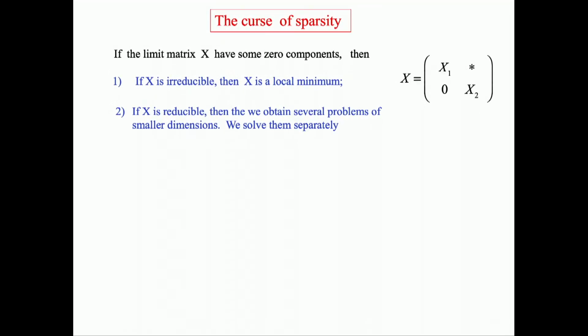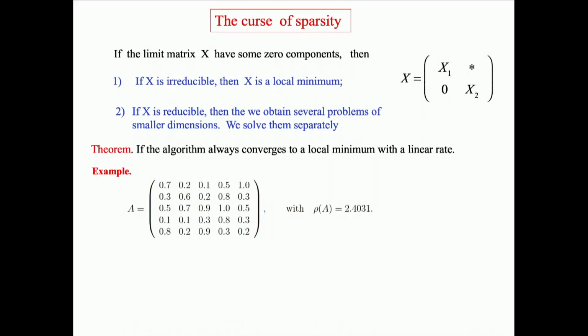And the decomposition may take several iterations. This is an example borrowed from the paper of Anderson. We just compared the efficiency of our algorithm with his algorithm. But you see that the matrix is totally positive, and the spectral radius is bigger than 2.4, so this is unstable.